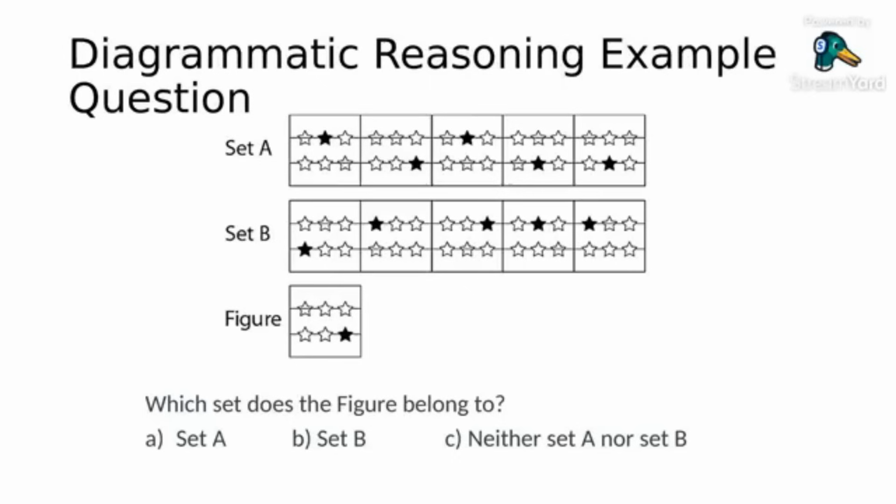So which set does the figure belong to? Itong figure daw, saan po ba siya belong? Sa set A ba or sa set B? If you try to look at the number of boxes, there are 5 boxes for each set.